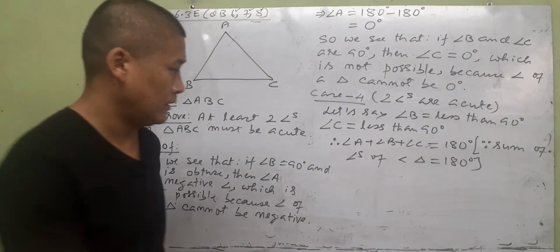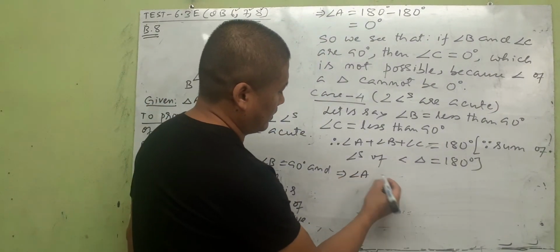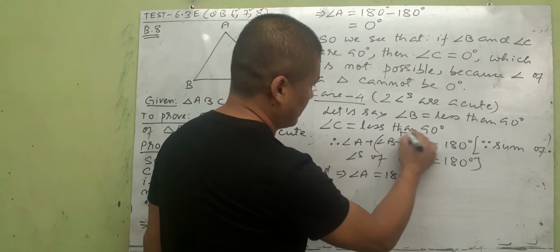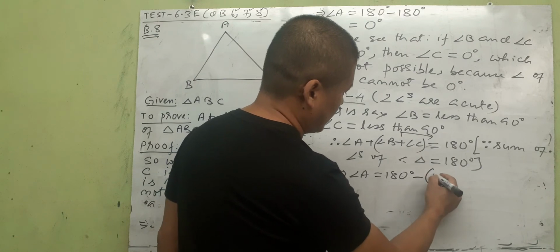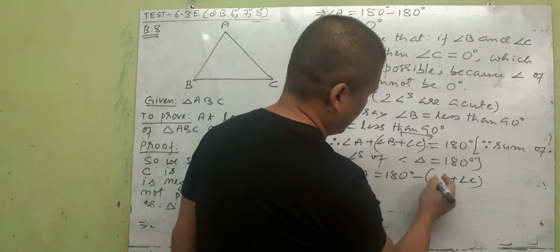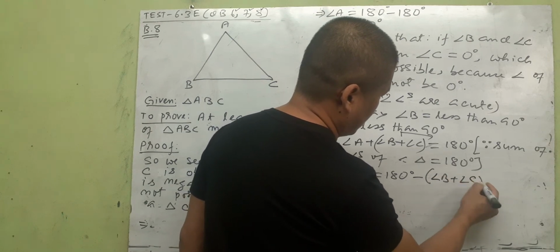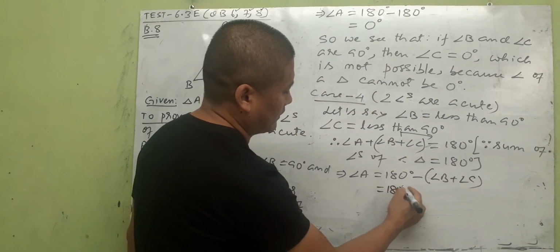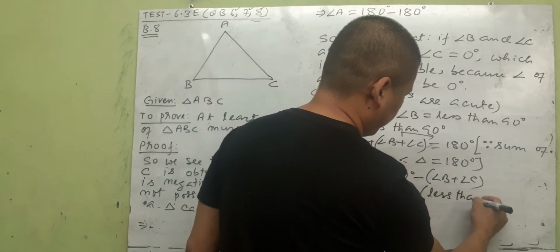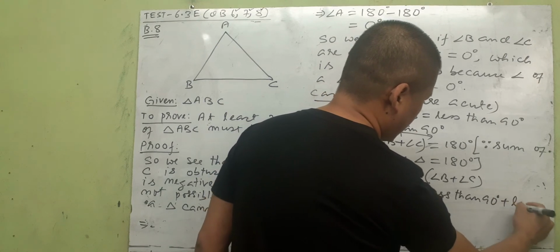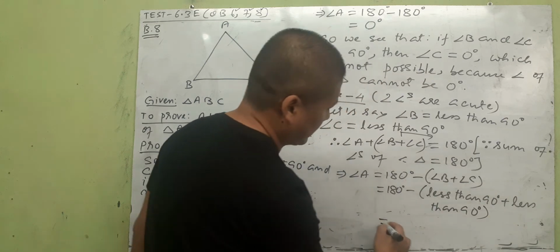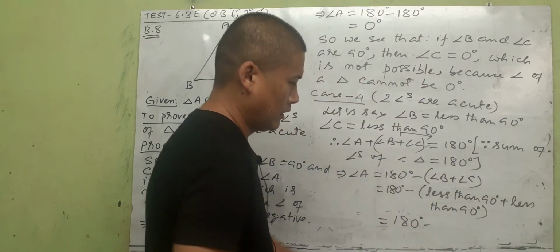Right, so here let us do like this: A equals 180, shift the whole thing, then minus, bracket is there, so inside the sign will not change, B plus angle C. Okay, so here 180 degree minus, this is less than 90 plus less than 90. So common sense evaluation we have to do: 180 minus less than 90.